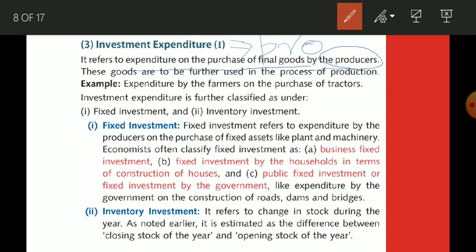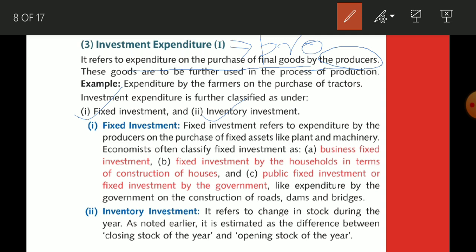Now, investment expenditure is divided into two parts: first is fixed investment and second is inventory investment. First thing, investment expenditure is the expenditure of the producer sector on the purchase of final goods and services.